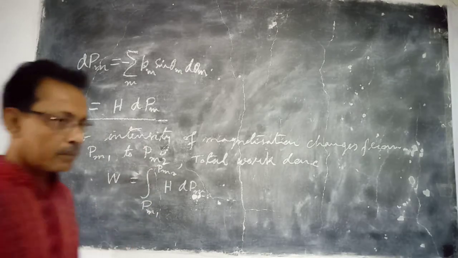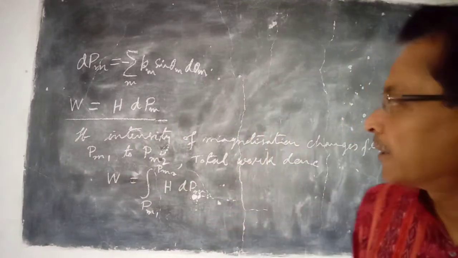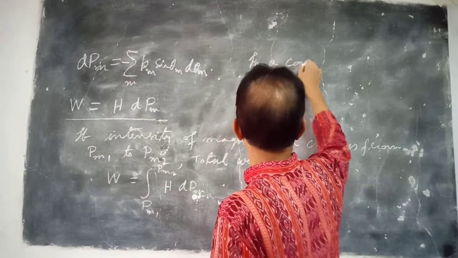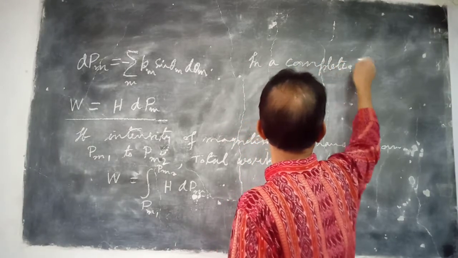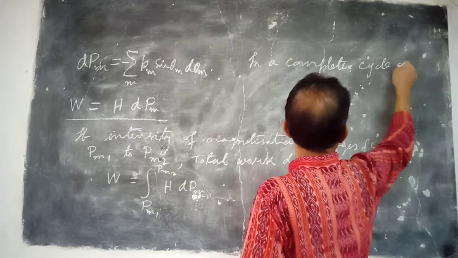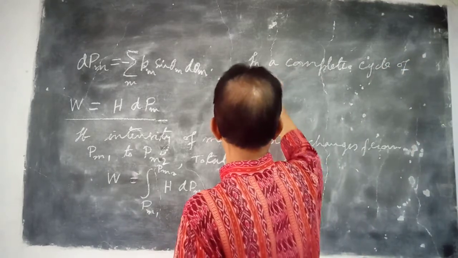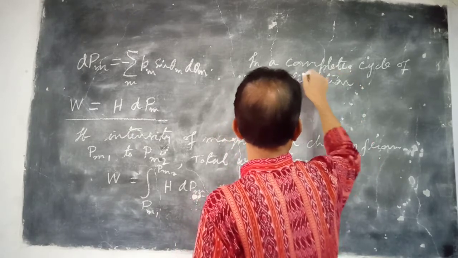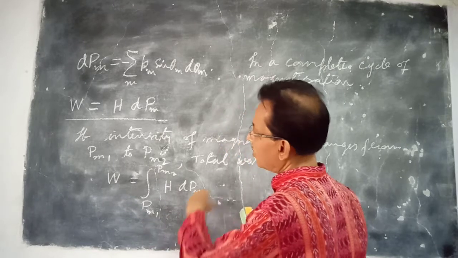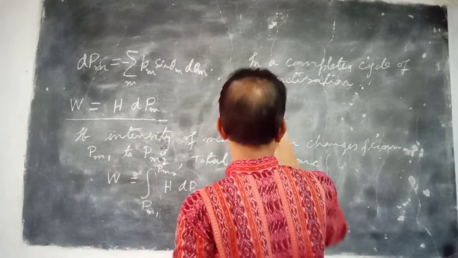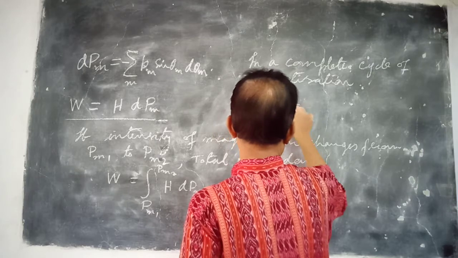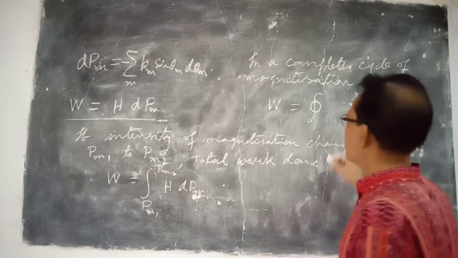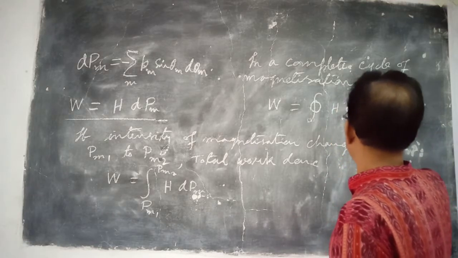Now therefore, in a complete cycle of magnetization, starting from an initial value and again coming back to this initial value, the total work done will be equal to the integration over a closed path of H dPm.